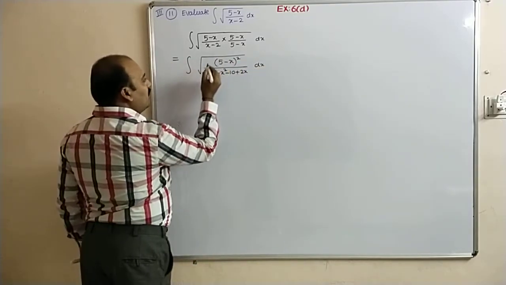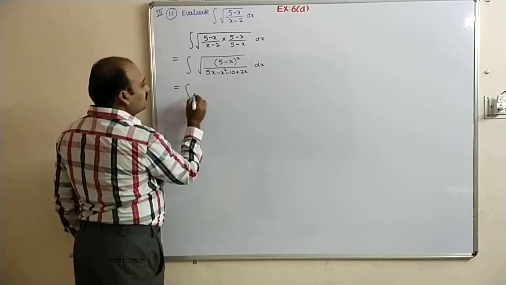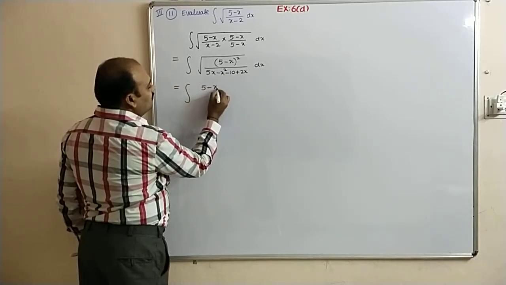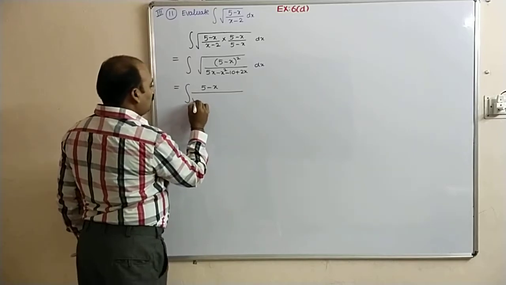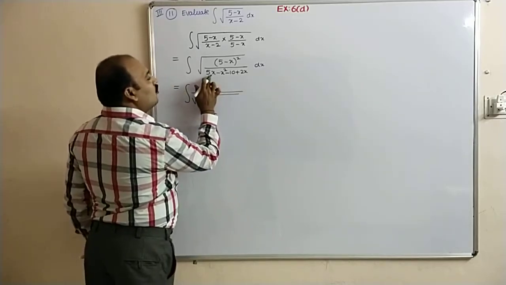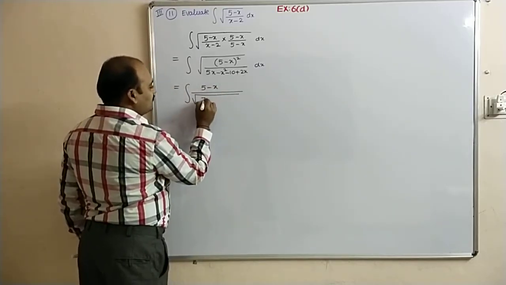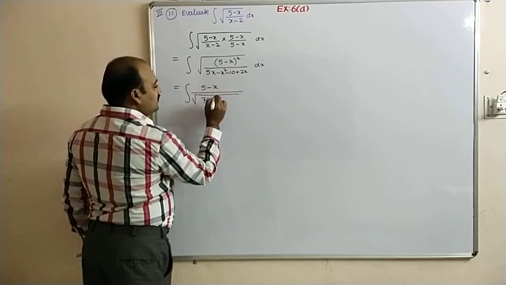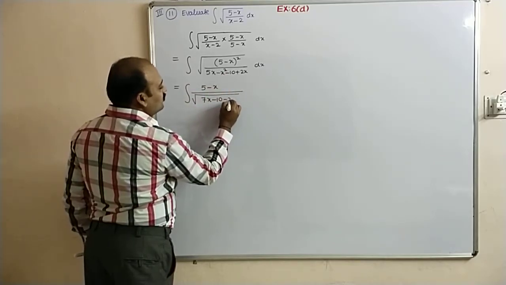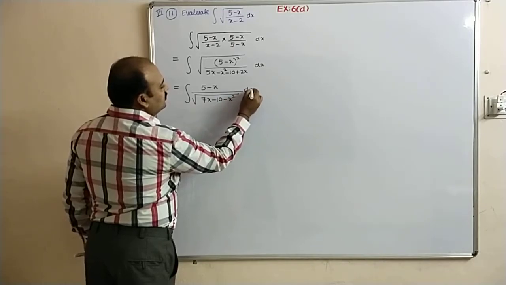So the square root will be cancelled. The numerator will become 5 minus x divided by square root of 5x plus 2x is 7x, minus 10 minus x square into dx.